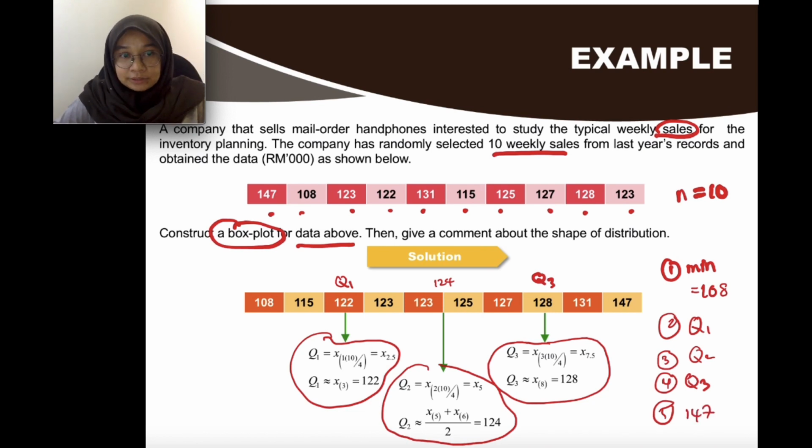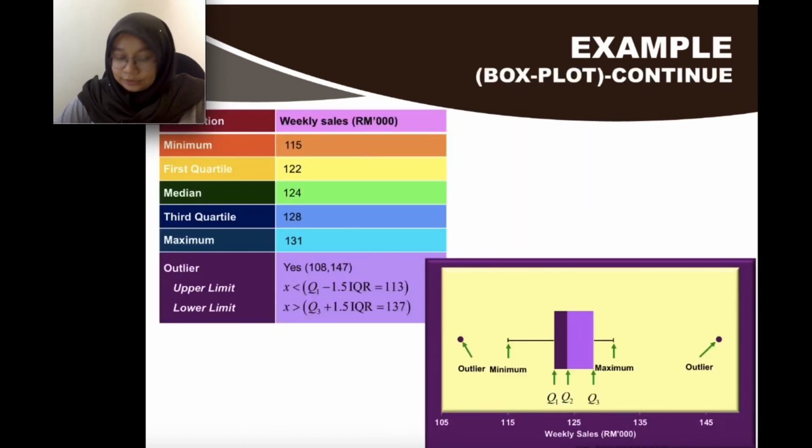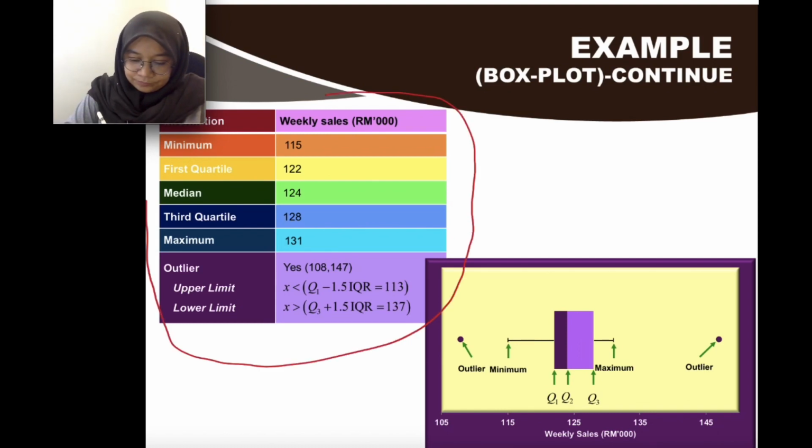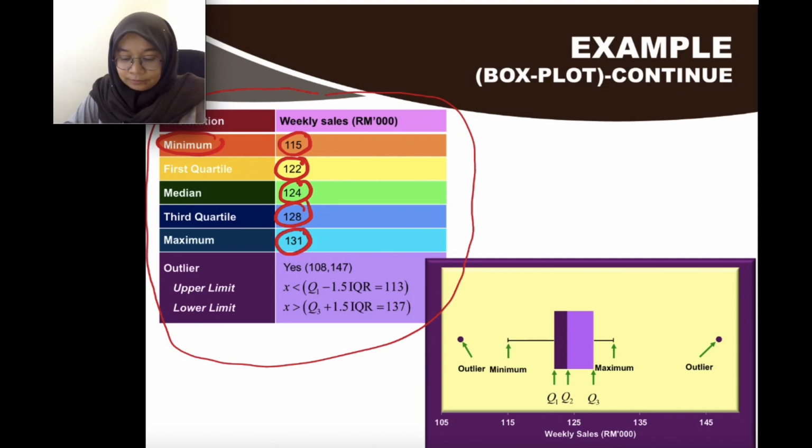So you have all the info. Now we want to draw. So you summarize your information in this table. Okay, the minimum value just now is 115, first quartile 122, median 124, third quartile Q3 128, maximum is 131.